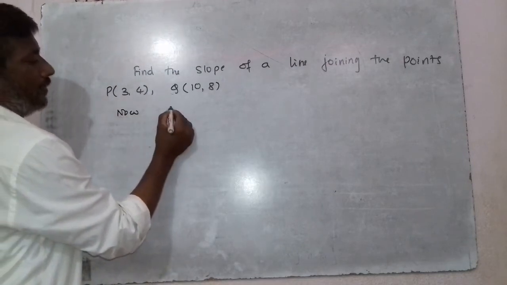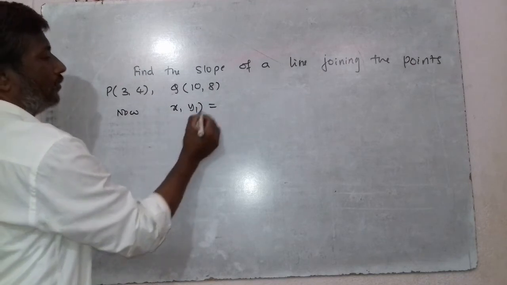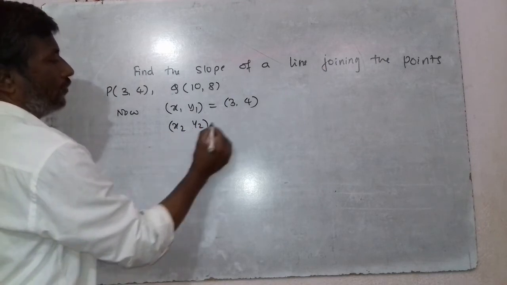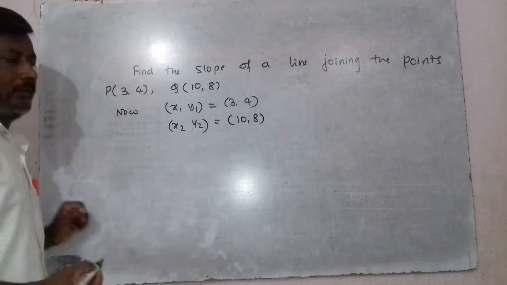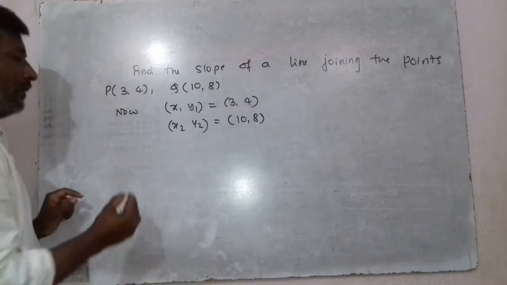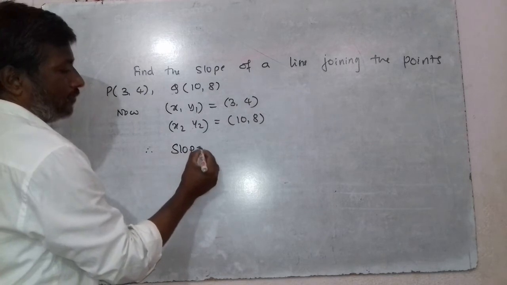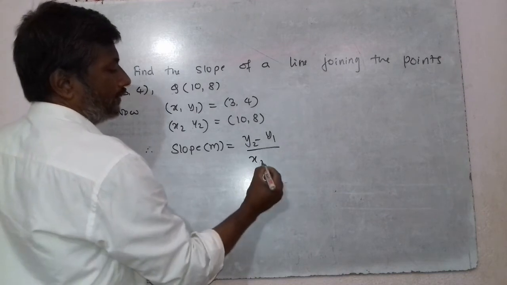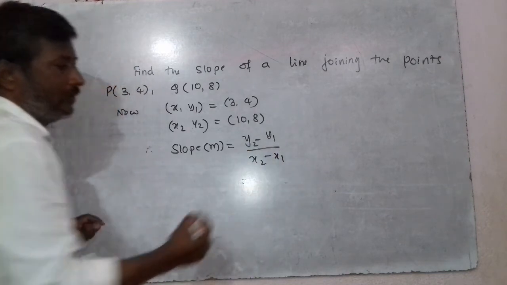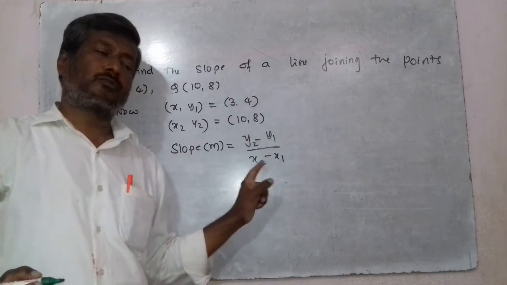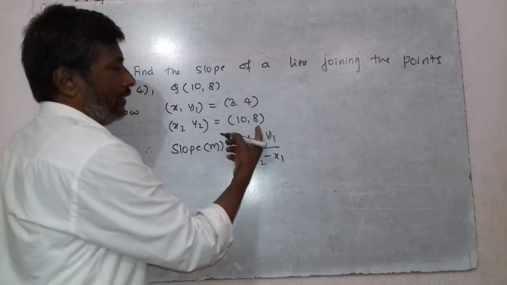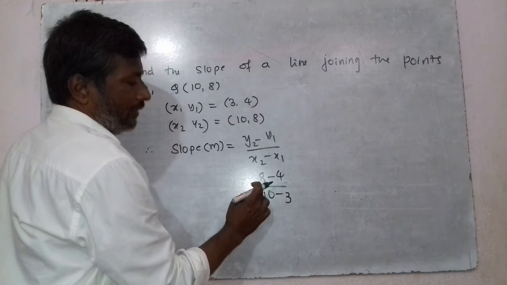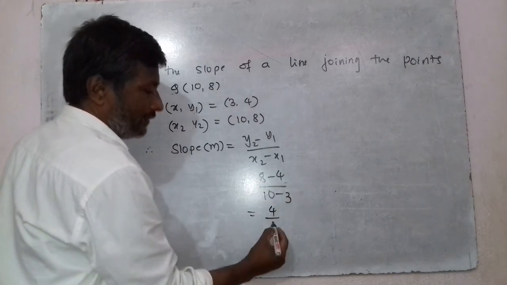Here x1, y1 equals 3, 4 and x2, y2 equals 10, 8. Therefore, slope m equals y2 minus y1 divided by x2 minus x1, which is 8 minus 4 divided by 10 minus 3. 8 minus 4 is 4, and 10 minus 3 is 7.